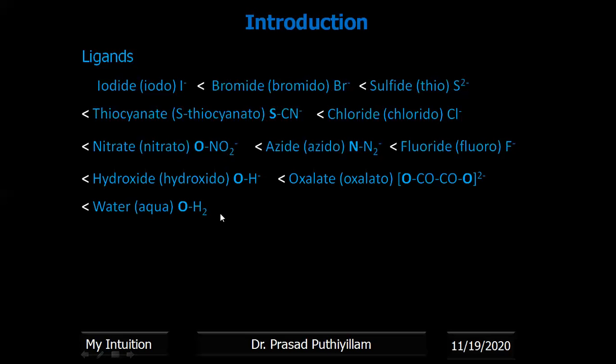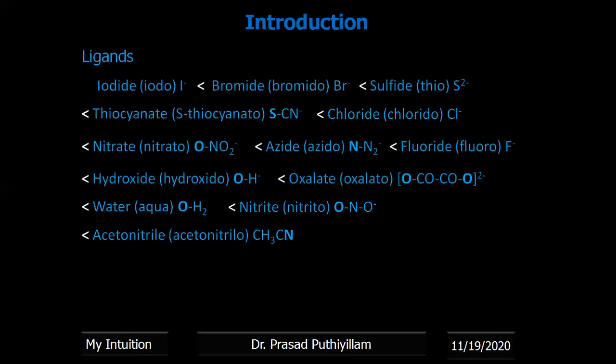It's a monodentate ligand. Then comes nitrite, nitrito, ONO. It is an ambidentate ligand. It can form linkage through two atoms. Therefore, you can address it as monodentate as well as ambidentate.